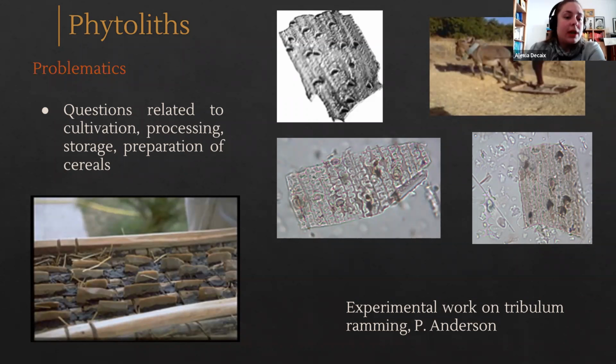In order to check if chopping cereals with a tribulum actually leaves gloss on the lithic pieces, and to identify which cereals were processed by those archaeological tools, she conducted experimental work on tribulum threshing. And results show numerous connected epidermis with very characteristic fractures.